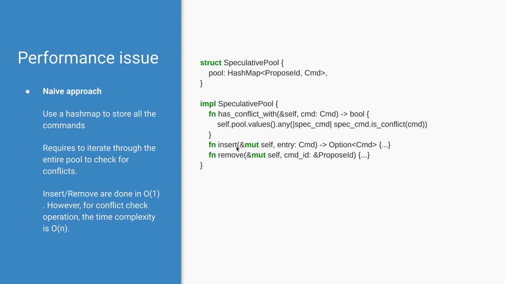Although insert and remove only take O(1), as it uses a hash map to store all the commands, the time complexity is O(n) for a single conflict check operation, which is very time consuming, especially when there are a lot of commands inserted into the pool.